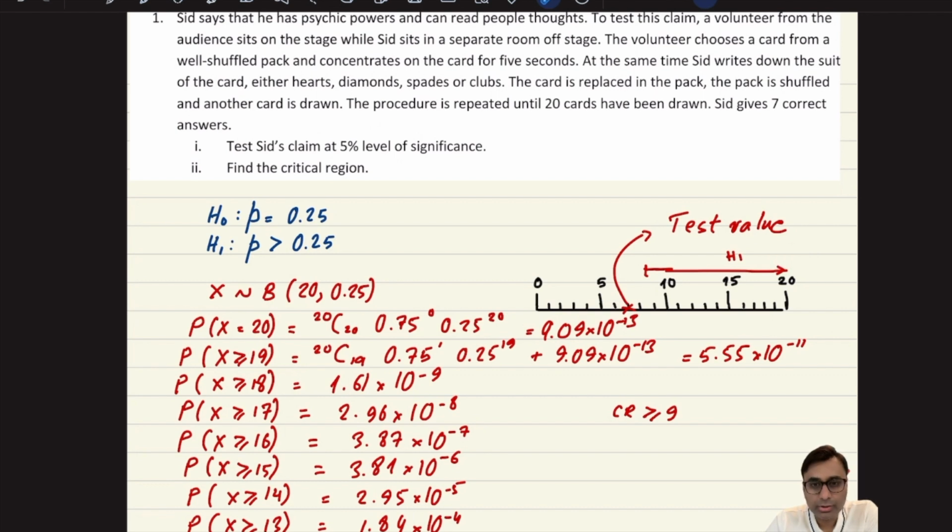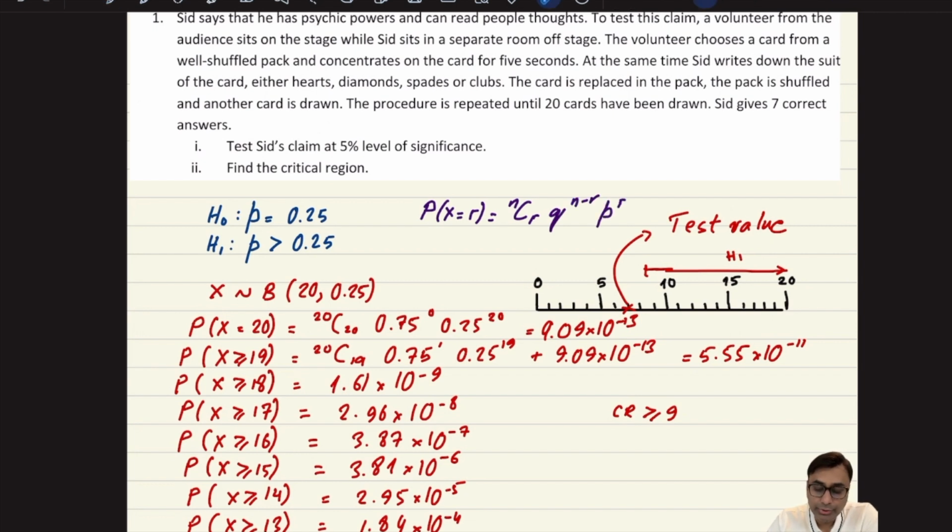So we will find the probability of X equals 20 by using the binomial probability formula, which is the probability of X equals r is nCr times q to the power n minus r times p to the power r.